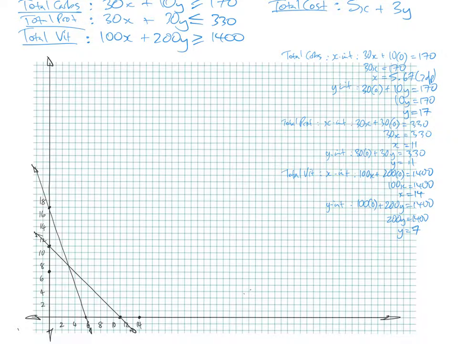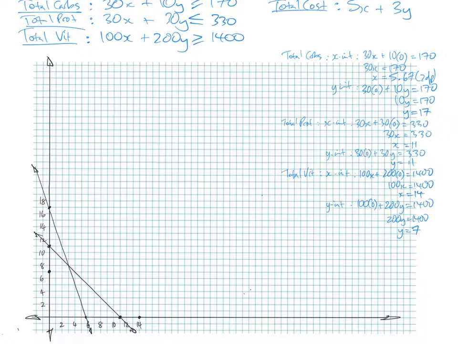I haven't made the best use of this grid, but we'll manage. Well, that's not the best line. It is really important that we draw these lines accurately because there's no algebraic way to find the possible solutions, well, there is, but it's beyond our maths.